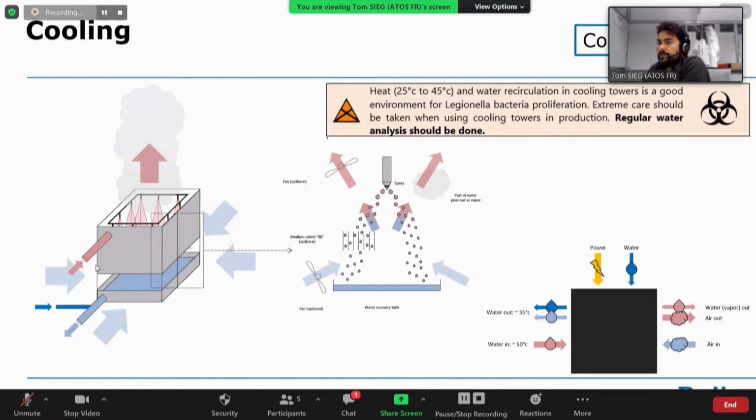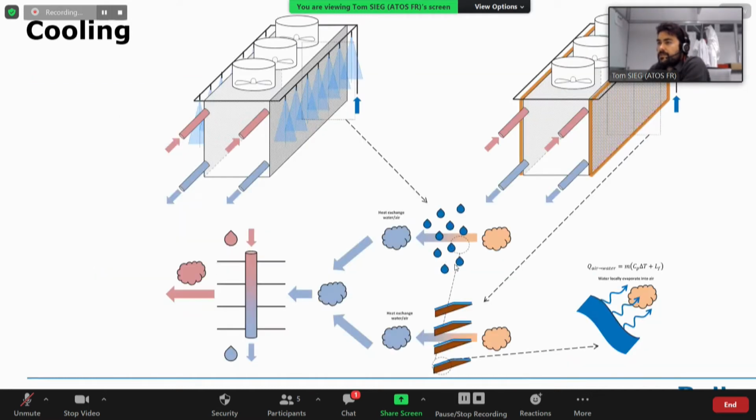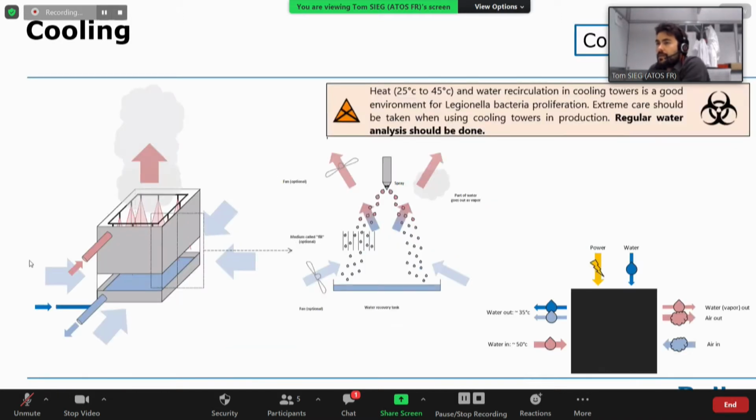The cooling tower is exactly the same system as an adiabatic tower. You will optimize your system by using water, but the main difference is that this time you will spray the hot inlet water, the water from your data center, into a closed, almost closed area, to exchange directly in the air.